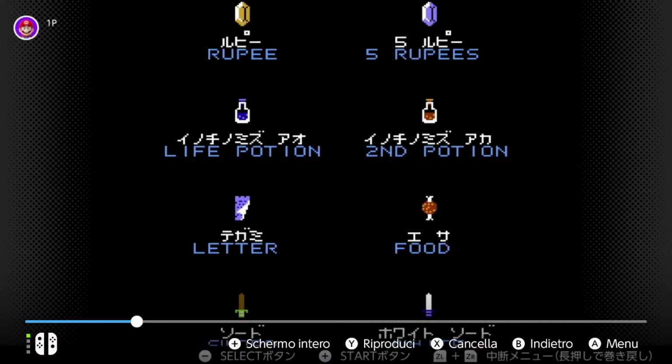So literally, water of life, red. It then becomes life potion in English, but actually Inochi no Mizu Ao in Japanese, and so water of life, blue.